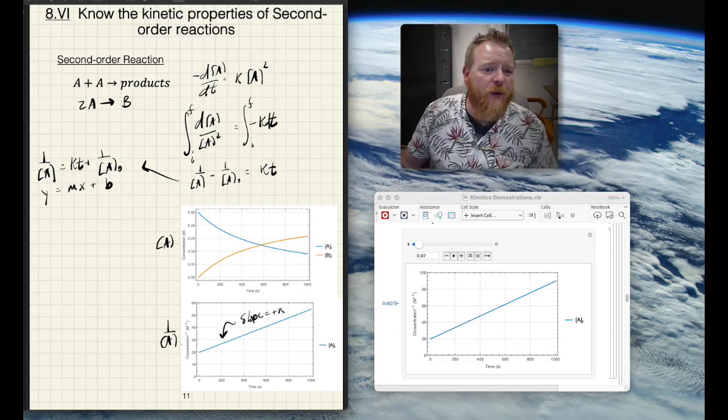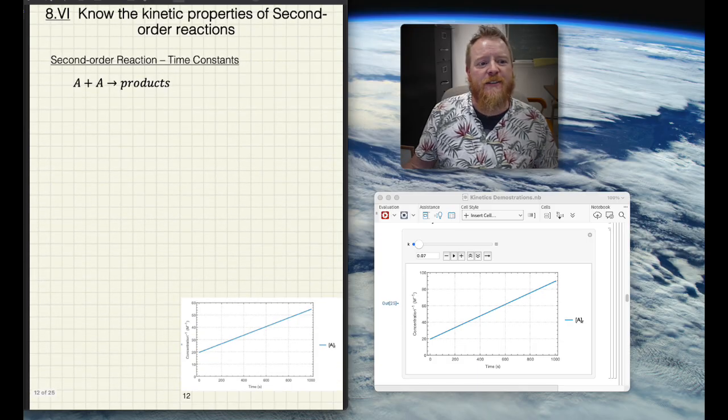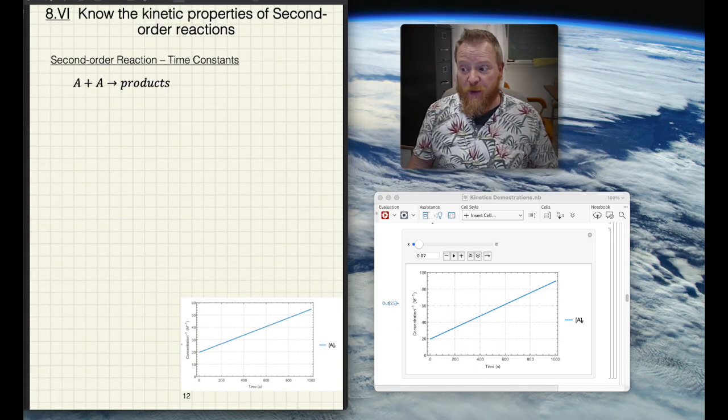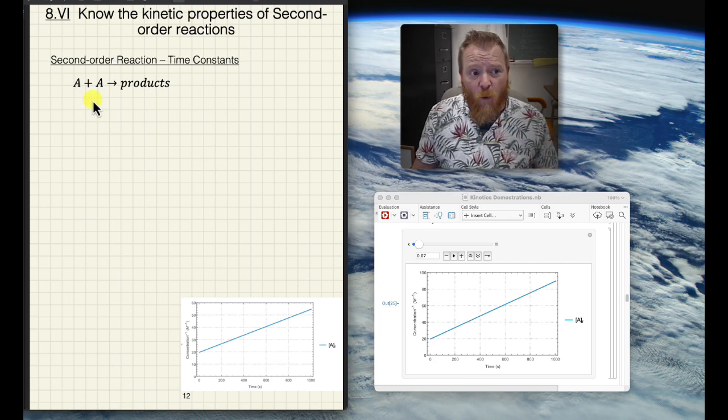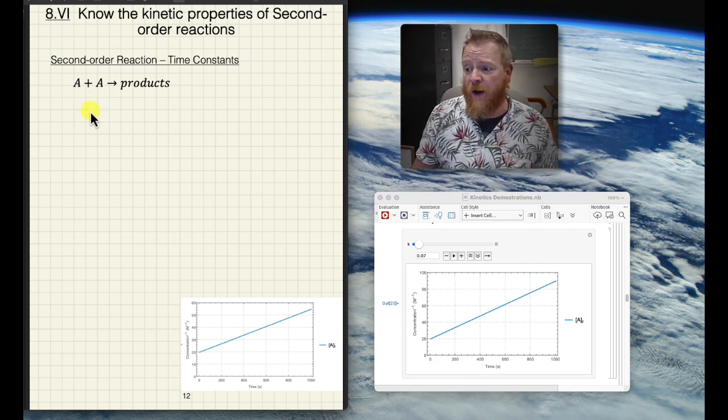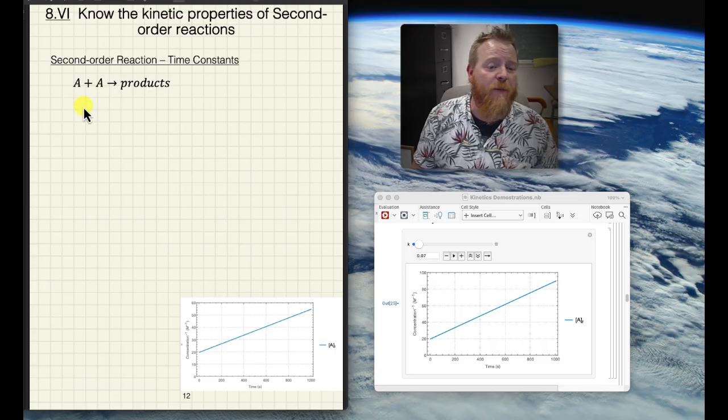Now continuing along, let's look at our time constants and our appropriate units, okay? With this only being second order in one reactant, we came up with the following: 1 over A equals kt plus 1 over A initial.